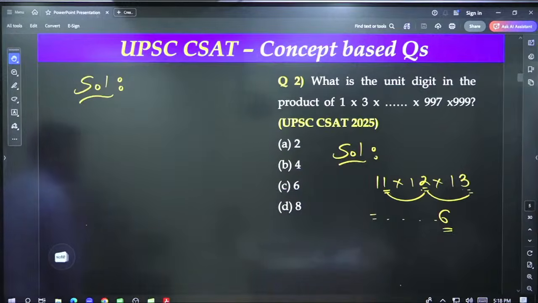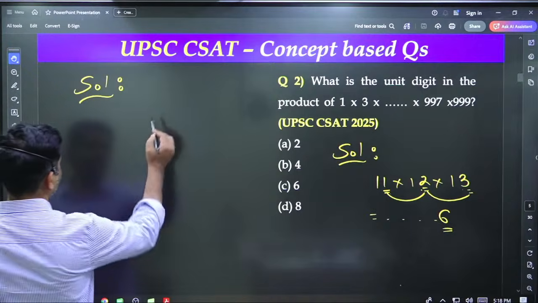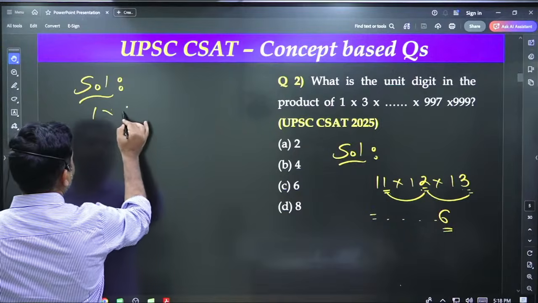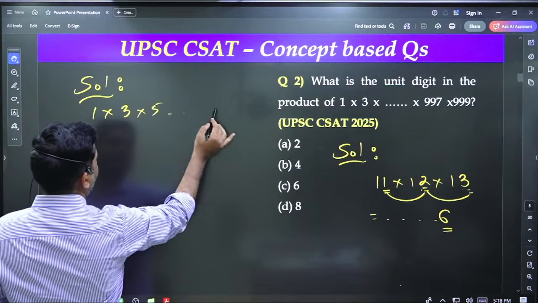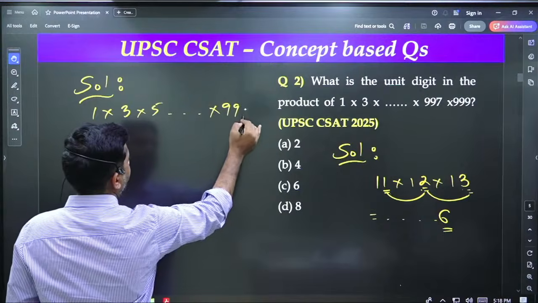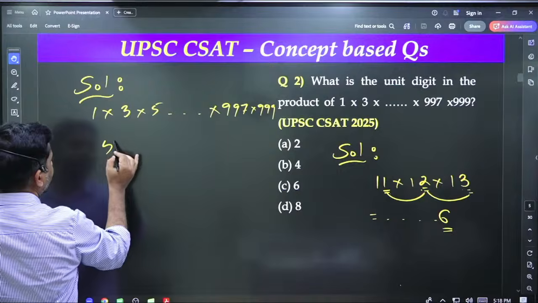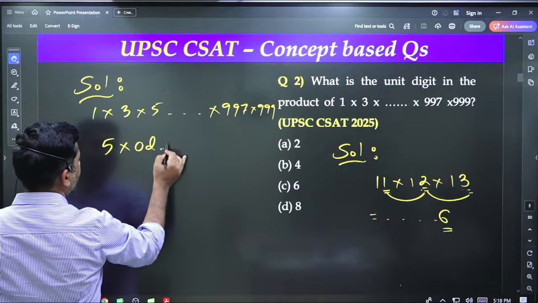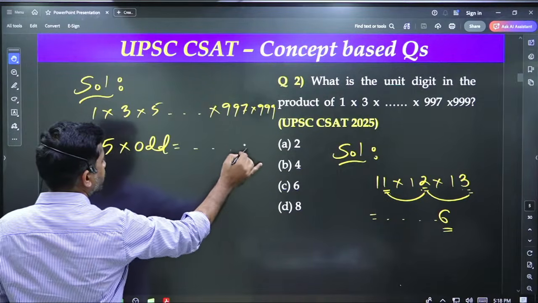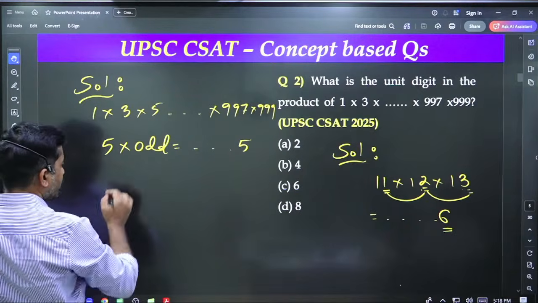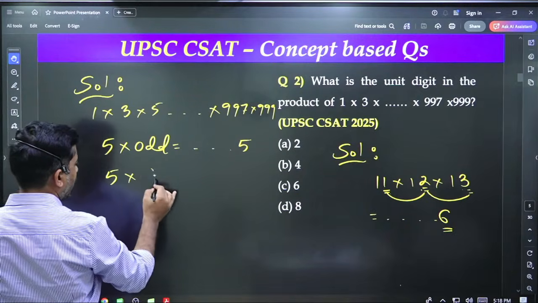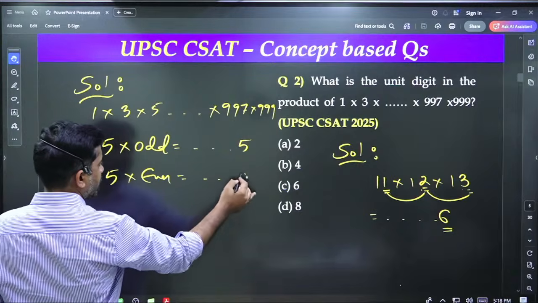Now so many numbers are multiplied. Chalo. What is your answer? Very good. 5 is the answer. 1, 3, 5, so on. Last one, 997 into 999. See, 5 into, what is the concept? 5 into odd numbers always produces 5 as the unit digit. 5 into even number always produces 0.